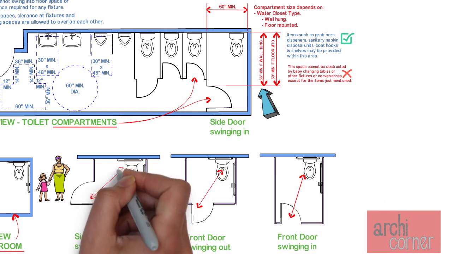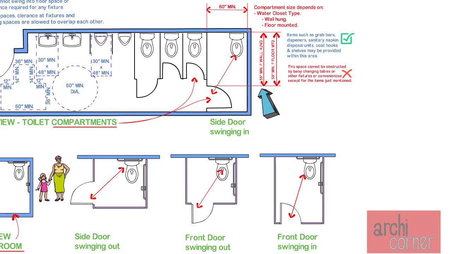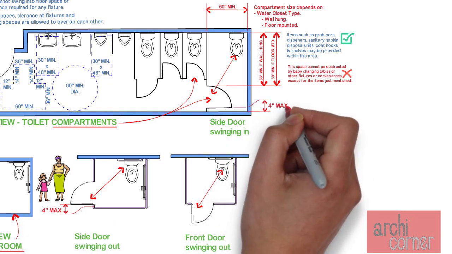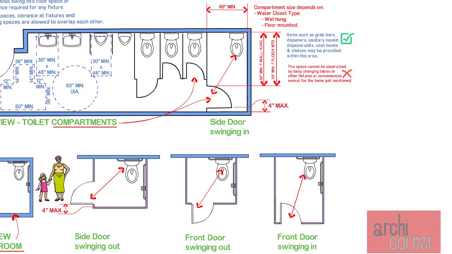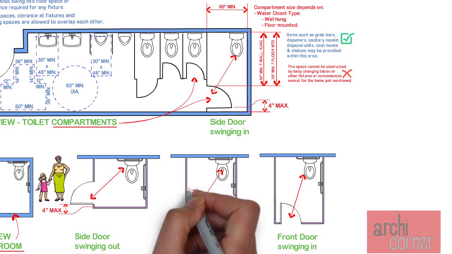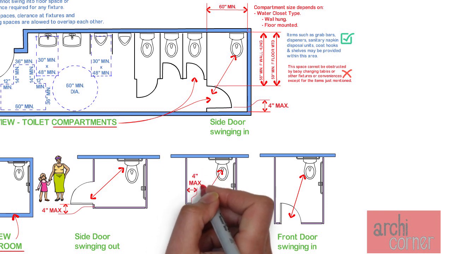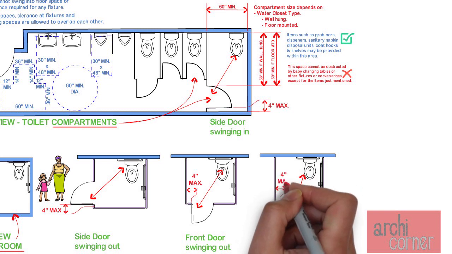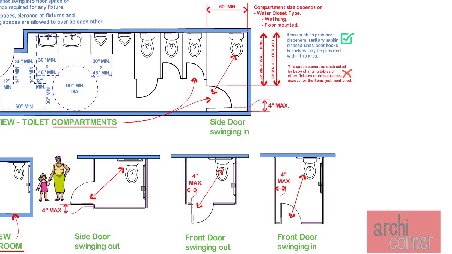Regardless of the location, the door must always be on the opposite corner of the water closet. Where located in the side wall or partition, the door opening shall be 4 inches maximum from the front partition or wall. If it's located in the front partition, the door shall be 4 inches maximum from the side wall or partition furthest from the water closet.